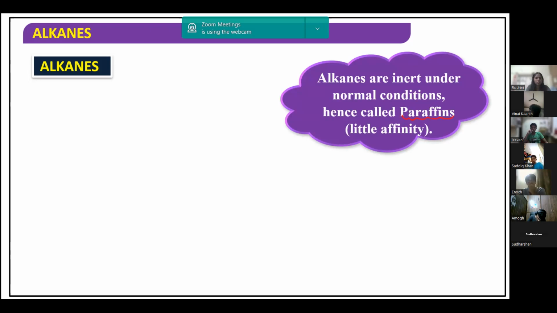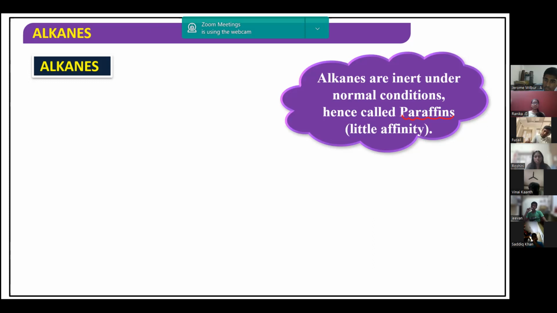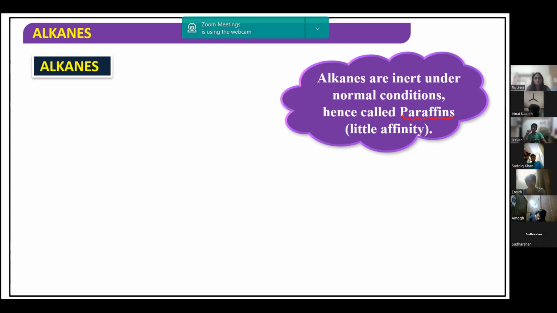So they have very little affinity for any kind of reagents, like acids, bases, oxidizing agents, or reducing agents. They do not have any reactivity with these reagents. Therefore, under normal conditions, we call them paraffins.